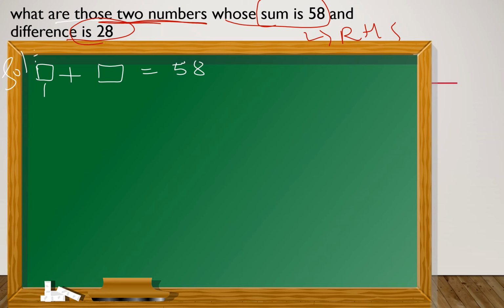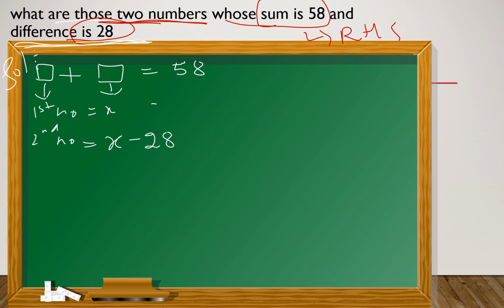Let the first number be x, and for the second number, here they mention the difference is 28. Whenever the difference is there it is subtraction. That means first number minus 28, so x minus 28.